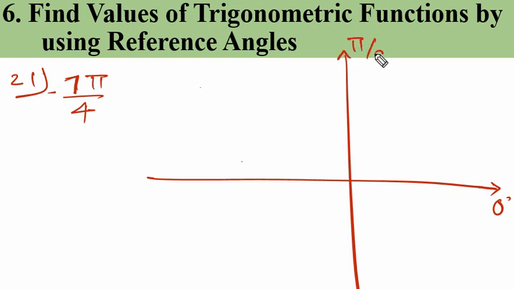This is pi over 2. This is pi because 180 degrees is pi. And this is your 3 pi over 2, right? Because 90, 90, 90: pi over 2, 2 pi over 2, 3 pi over 2. And this is 4 pi over 2, so basically this is 2 pi, right?